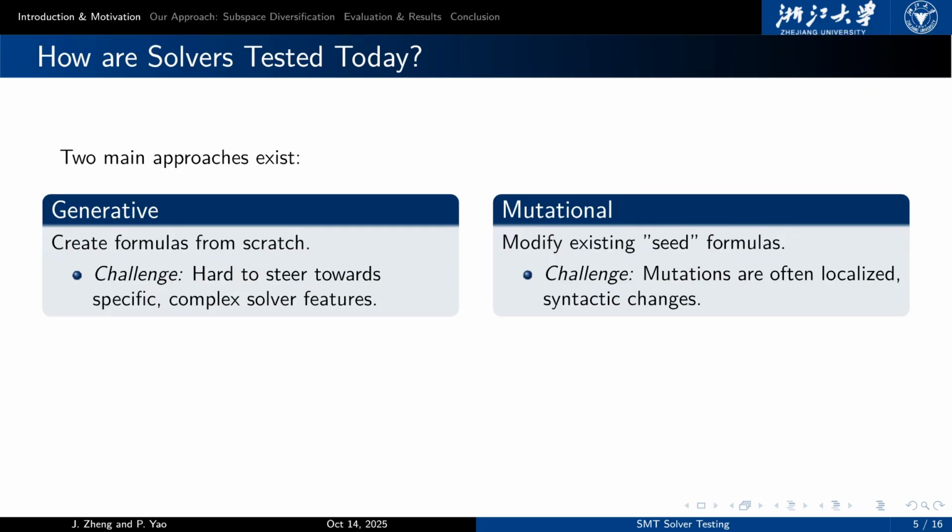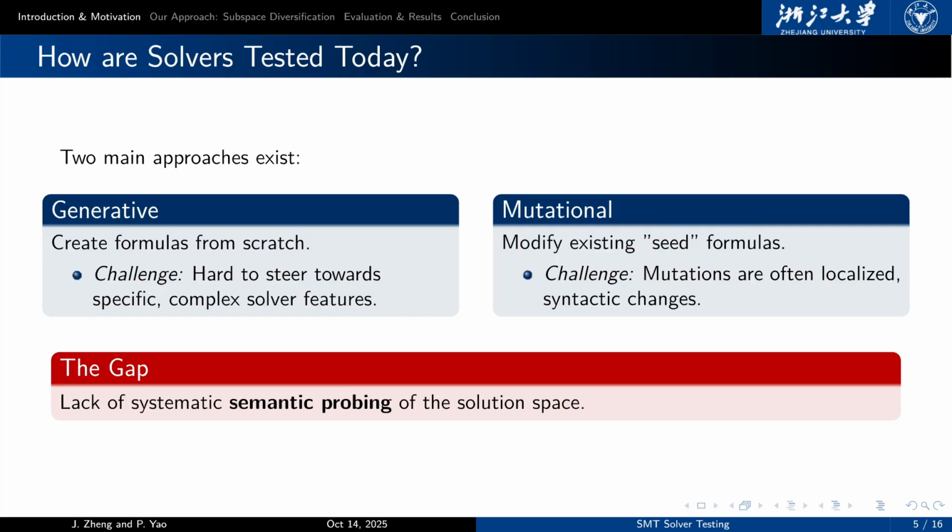This method is powerful, but the changes are often small and syntactic, like flipping an operator or changing a constant. While these methods can explore syntactic diversity, they often fail to guarantee semantic diversity. This means many of the new formulas they generate can be logically very similar, causing the solver to repeatedly explore the same narrow search area.